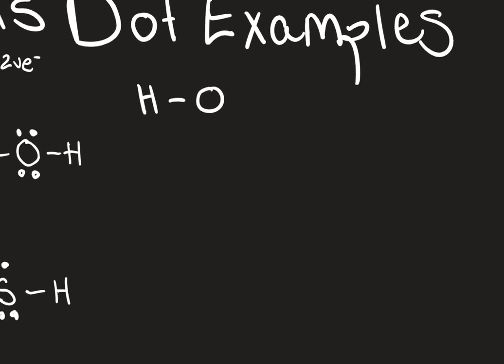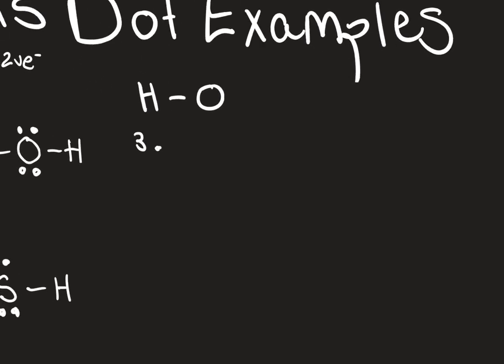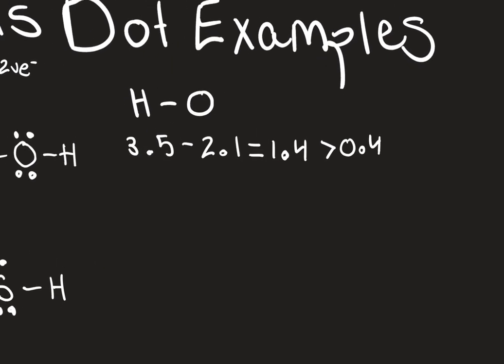It doesn't matter what order you put them in. So 3.5 minus 2.1 is equal to 1.4. That is much larger than 0.4. So that means that my hydrogen to oxygen bond is polar.